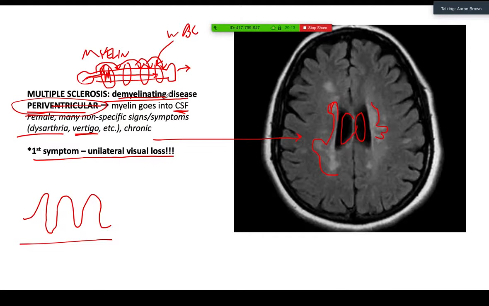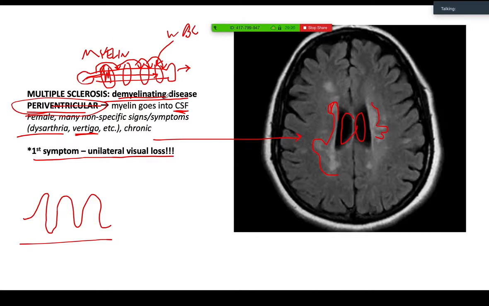I'm going to answer it and move on to the next question. Okay? This is a very typical way of these patients presenting. Periventricular demyelination on CT scan.